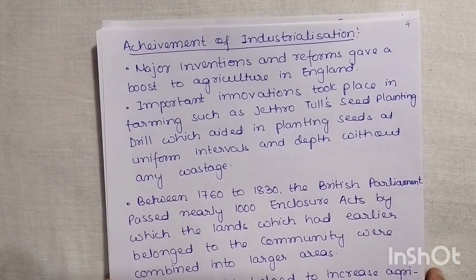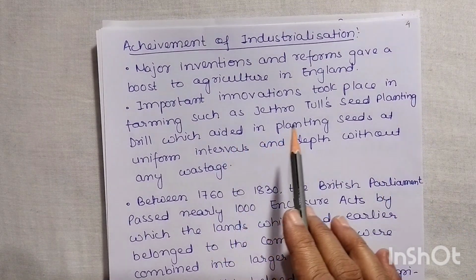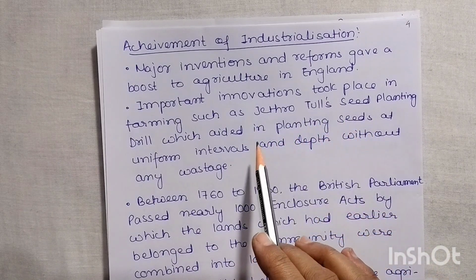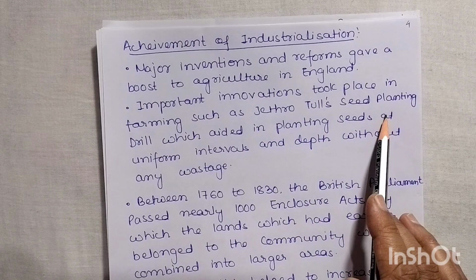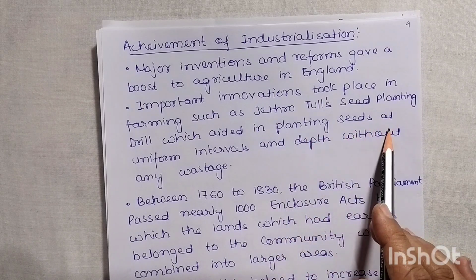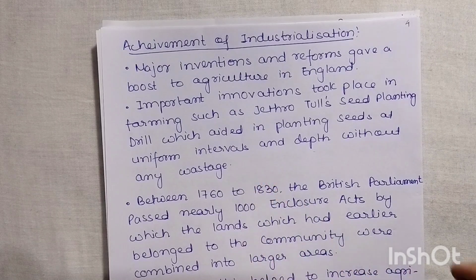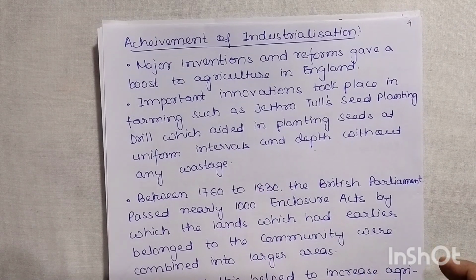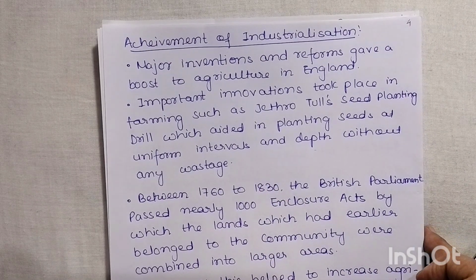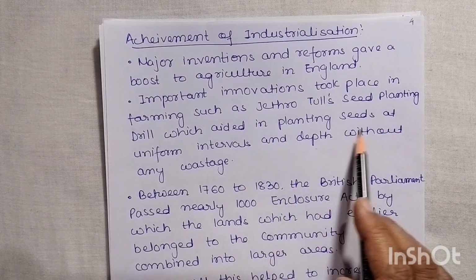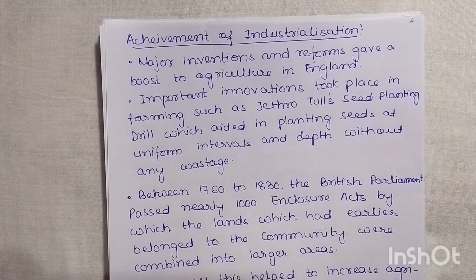Major inventions and reforms gave a boost to agriculture in England. Important innovations took place in farming, such as Jethro Tull's seed planting drill, which aided in planting seed at uniform intervals and depth without any wastage. Earlier all these things were done by hand, but Jethro Tull invented a seed planting drill which plants seed at uniform intervals and depth without wastage.